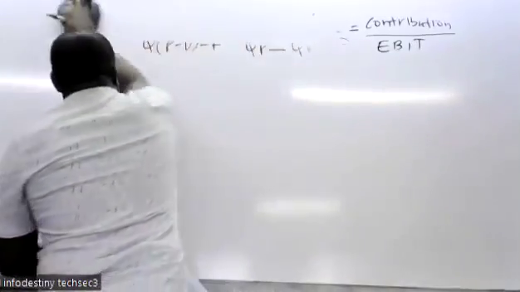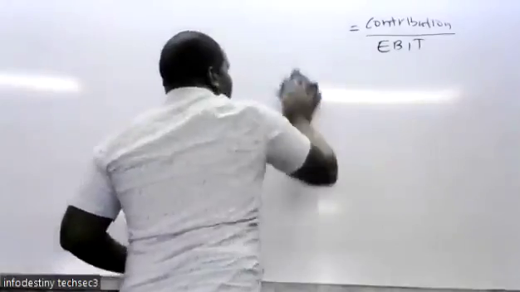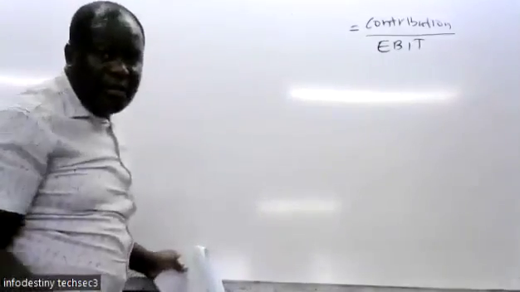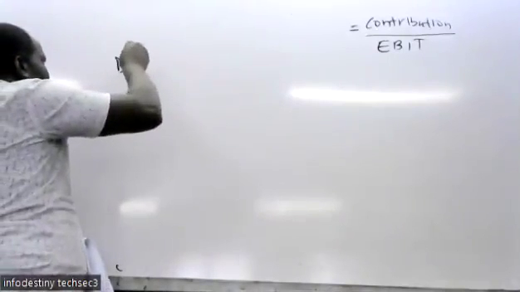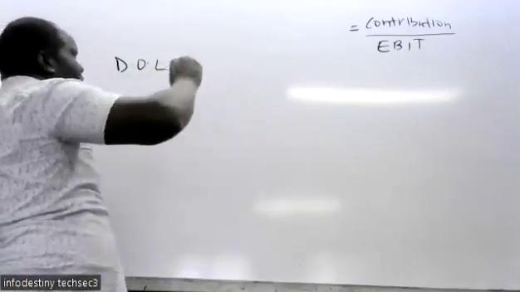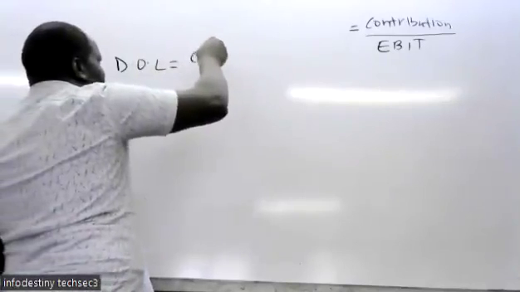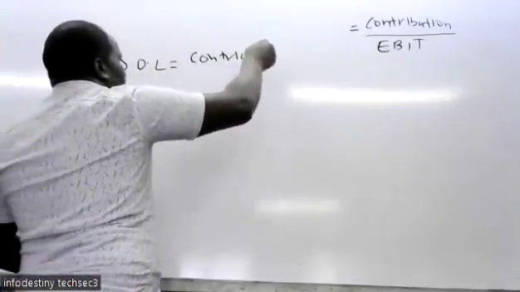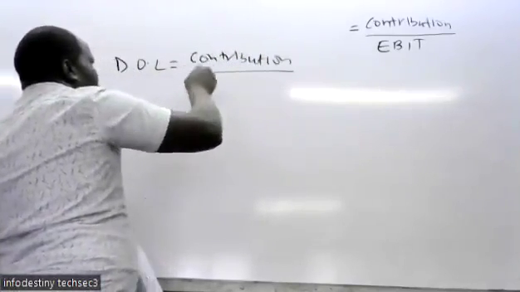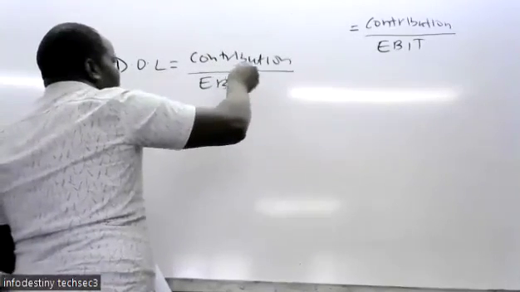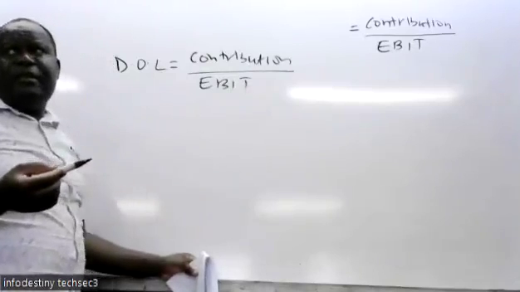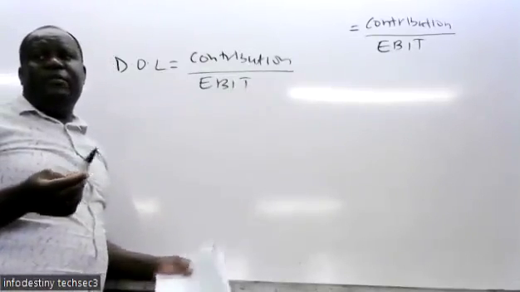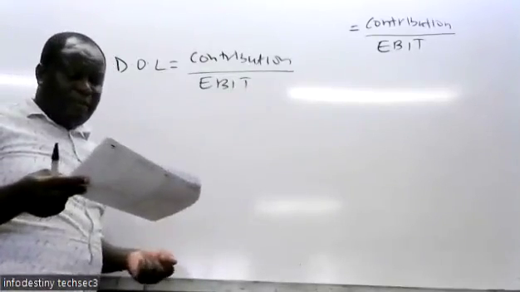So to get the degree of operating leverage, it is given by the contribution divided by the earnings before interest and tax. Now we should come up with that information.